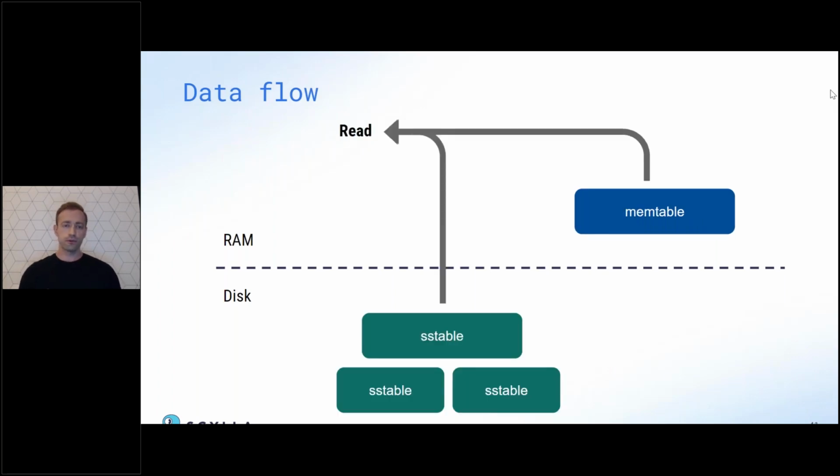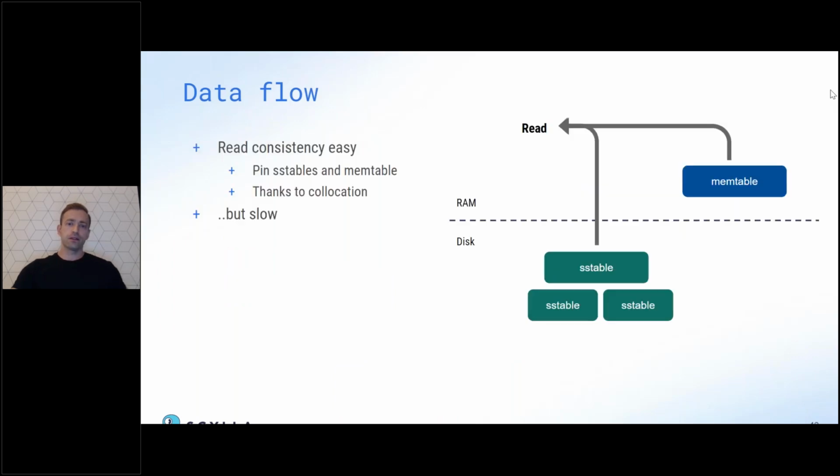When we have a read, the read has to combine data from both the memtables and the SSTables on disk to have a consistent view of the data, which includes all the writes which were previously written to the database. For reads, consistency is quite easy to achieve in this scheme.